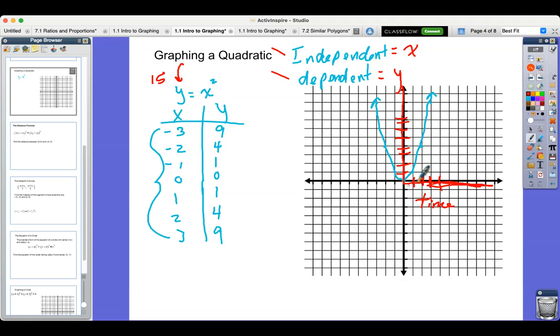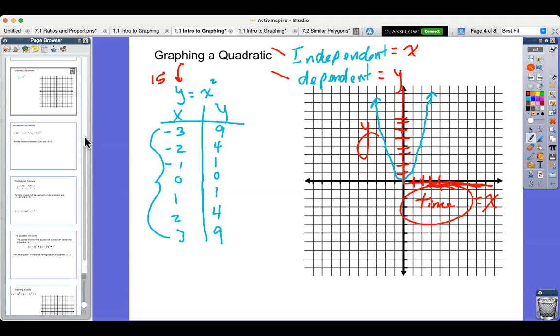It doesn't matter. Time, we can't control time. That is independent of us. So a good way to think about it is time is your x. Everything else is your y: money, food, cars, doesn't matter. That's all dependent on time.